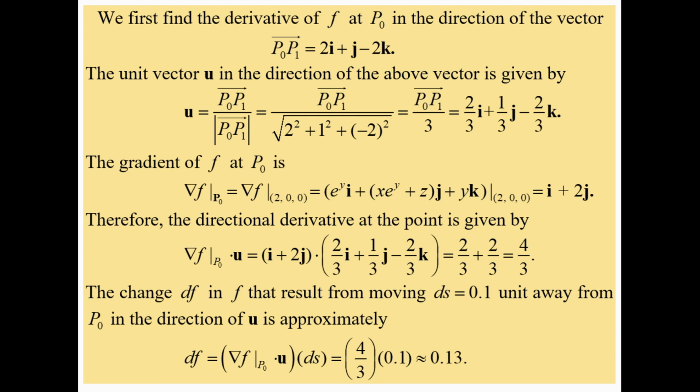So the change df in f that results from moving ds is equal to 0.1 unit away from p naught in the direction of the unit vector u is approximately 4 by 3 times 0.1, which is approximately 0.13.